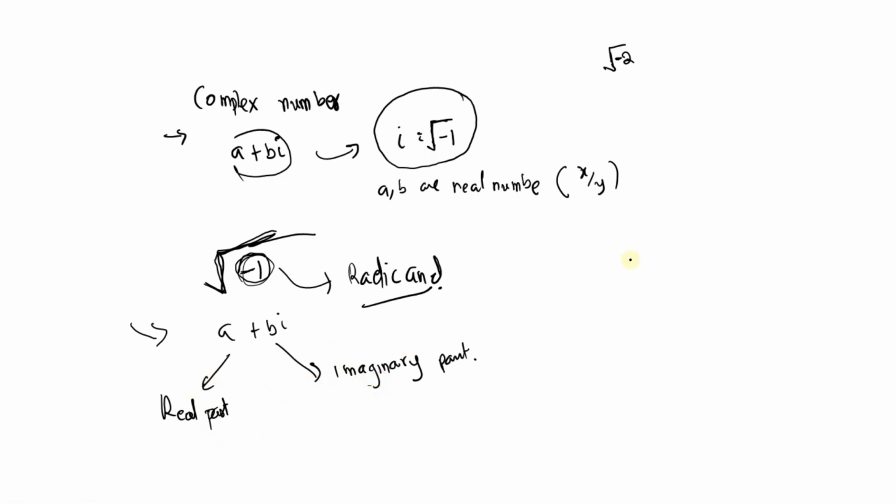So we can have imaginary numbers. They are numbers in the form ib, where i is the square root of negative 1.